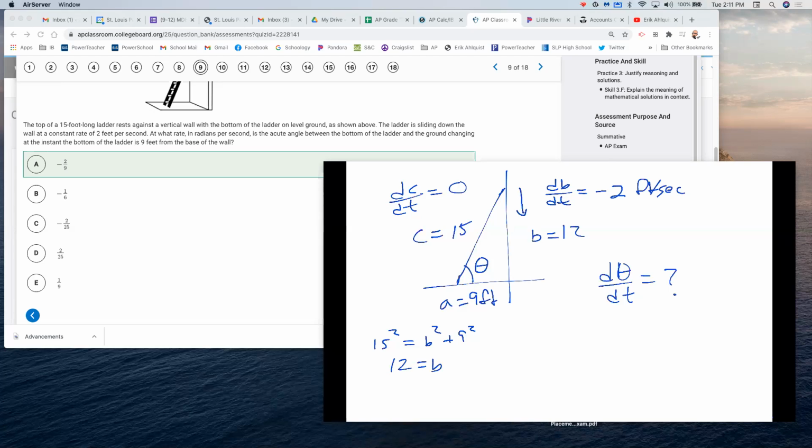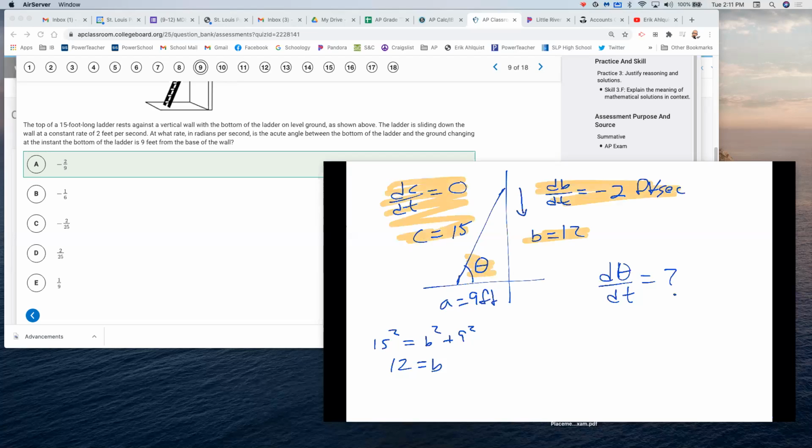So what I'm going to do, if I can, I'd love to use the ladder as part of my length, because that's not changing in this problem. But in order to use that, I don't really know anything about dA dt, so that's going to be really tricky. So I'm probably going to use this side and this side with that angle.